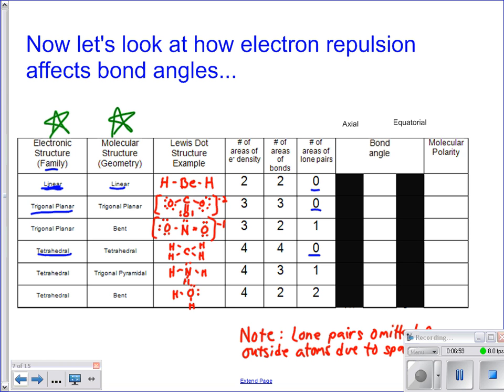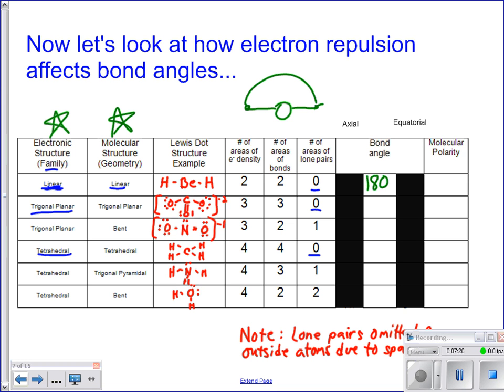So in linear, again, I'm holding this up to the class here. What do you think that bond angle is from one atom to the next? What angle do you think that takes on? 180.